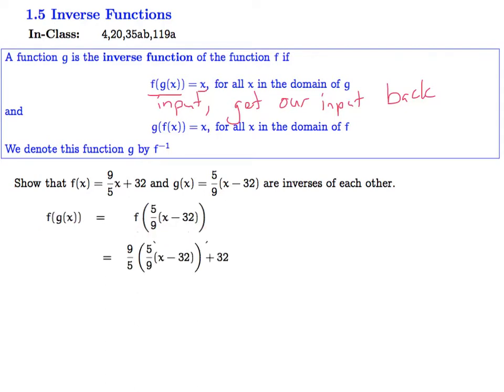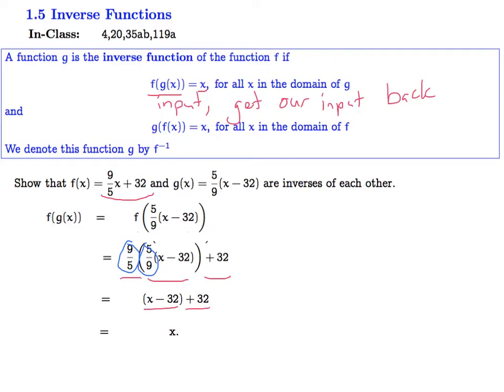We use g as the input, so the 9/5 of the quantity plus 32 is coming right here from f. Now we're left with just algebra, so we need to simplify. The 9/5 and the 5/9 will cancel when we multiply, so we're left with x minus 32 plus 32. Minus 32 and plus 32 are inverses, so we're just left with x.